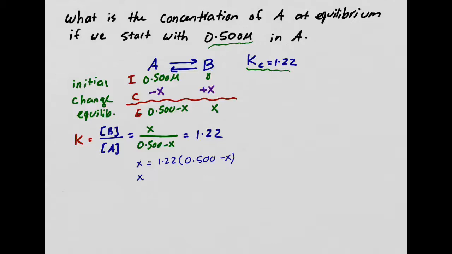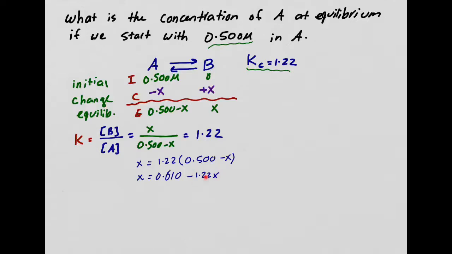That would be X equal. I'm going to multiply this out. 1.22 times 0.500 would be 0.610, and then minus 1.22x.